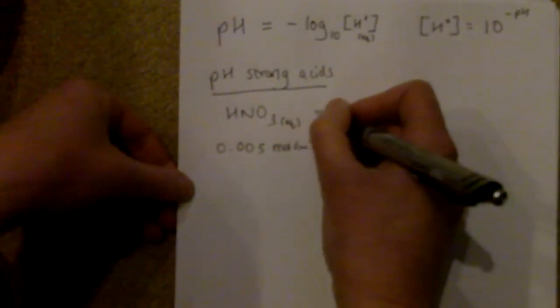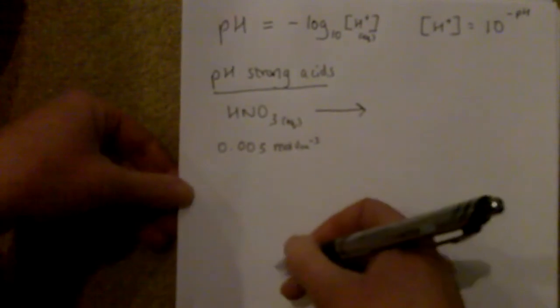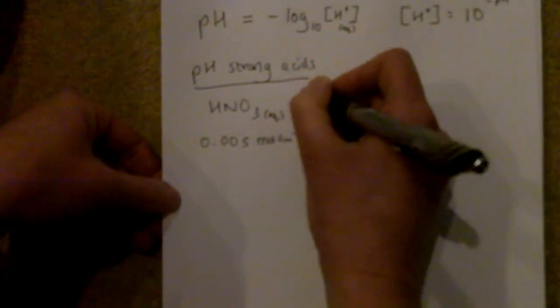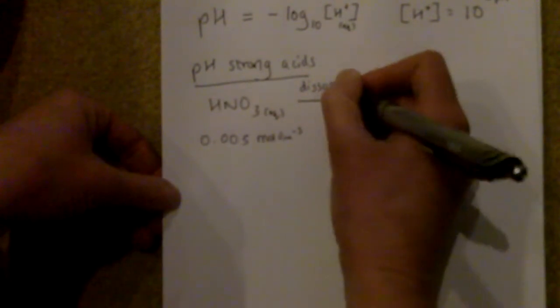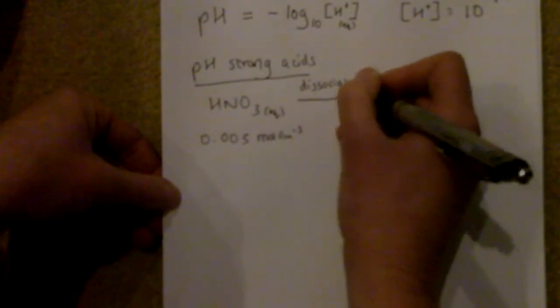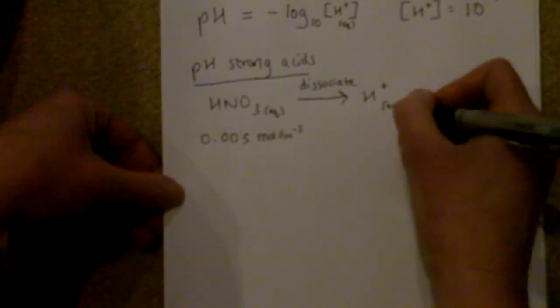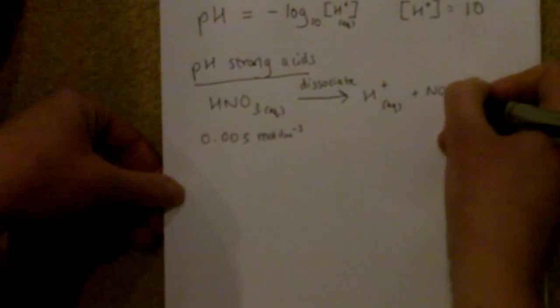Strong acids fully dissociate into ions, fully split into ions. The word is dissociate, which just means split up, into hydrogen ions and the nitrate ions.